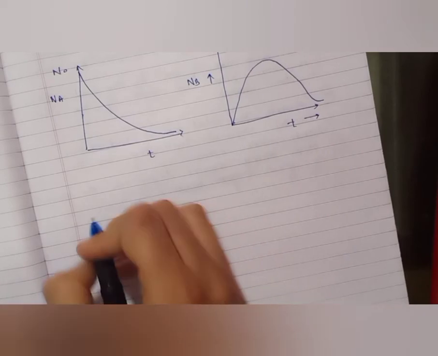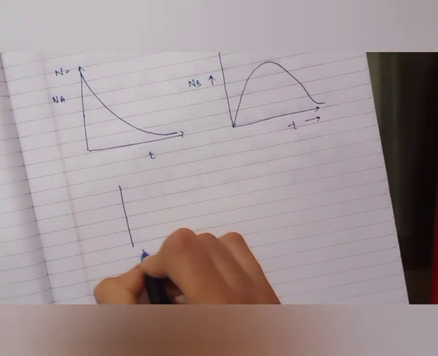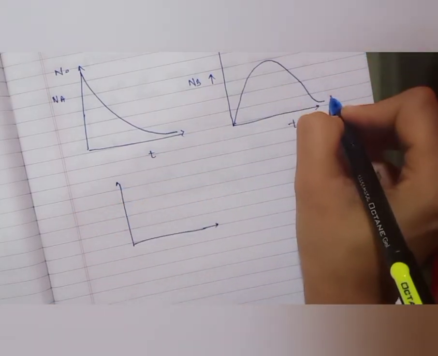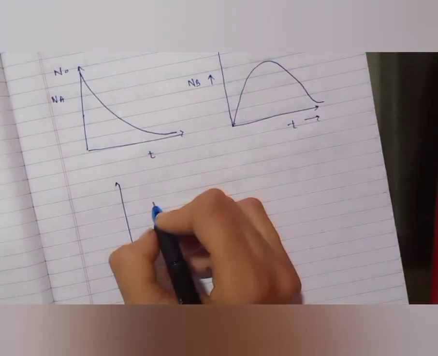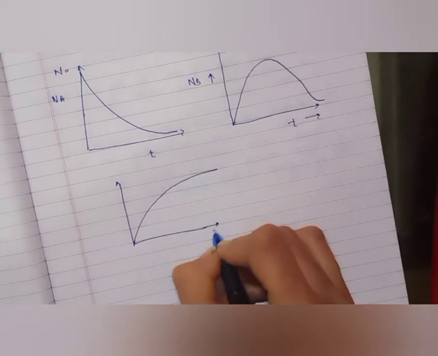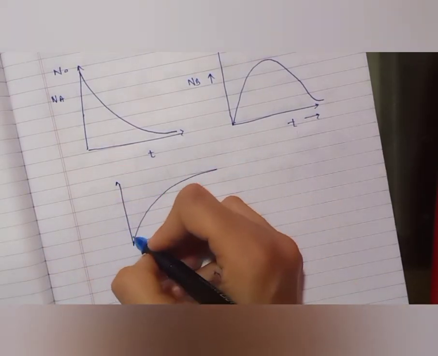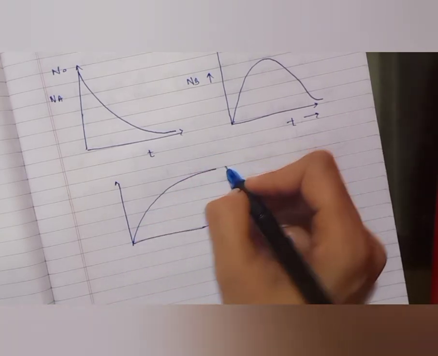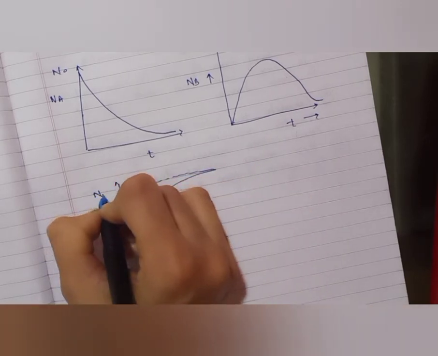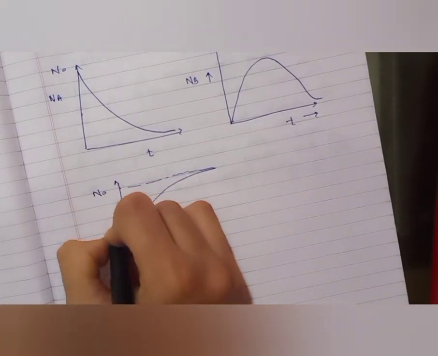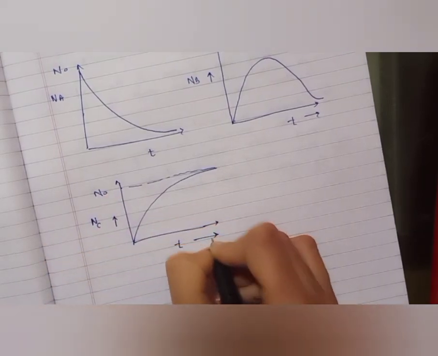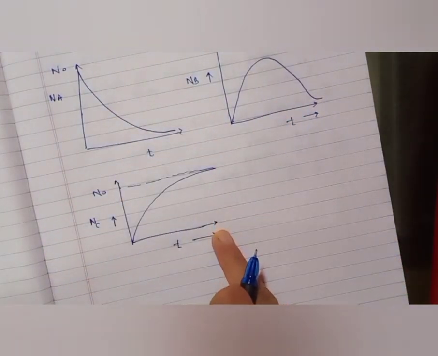A starts decaying, so B starts forming and then decaying, and when B starts decaying, C starts forming. C is a stable element, so it does not decay; there is only formation of C. This is the way we can represent the 3 curves. Okay, thank you.